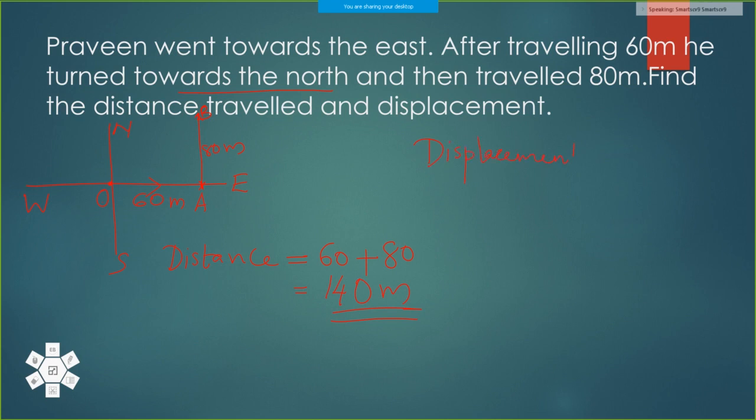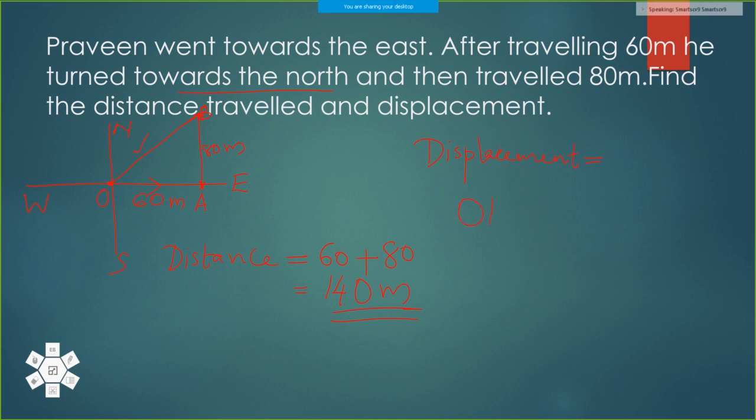Then the question is, what is displacement? Yes, you have to answer this. What is the displacement? Initial position O, final position B. So the shortest distance is a straight line joining the initial position and final position. So you will get a right angle triangle here. Then what is the distance? This distance is OB.